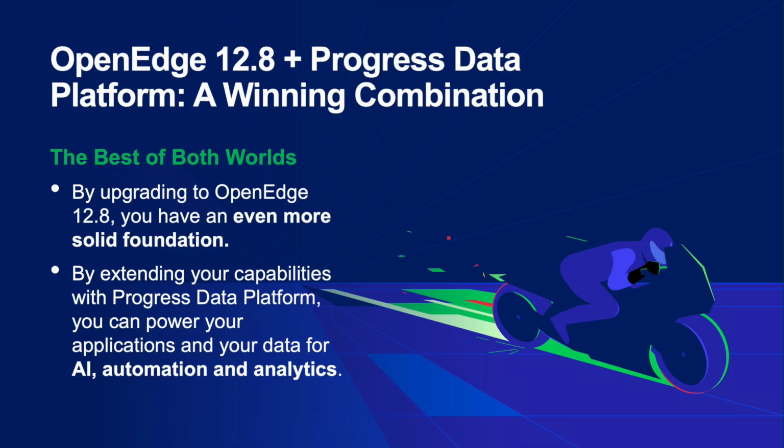This way, you unlock the full potential of your data and applications. The platform will empower you to leverage AI, automation, and analytics, allowing you to make smarter data-driven decisions. Together, OpenEdge 12.8 and the Progress Data Platform provide a seamless and future-ready platform, equipping your organization to stay ahead in a rapidly evolving digital landscape.